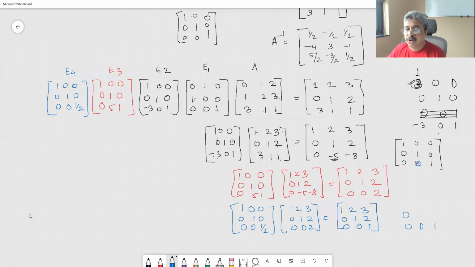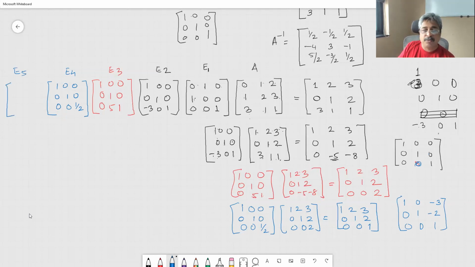Last row to be multiplied by -2 and added to second. Okay, so 0 1 -2, and here also I want to make 0, therefore last row is to be multiplied by -3 and added. Okay, so 1 0 -3. This is going to make two transformations. Let us call this E5.